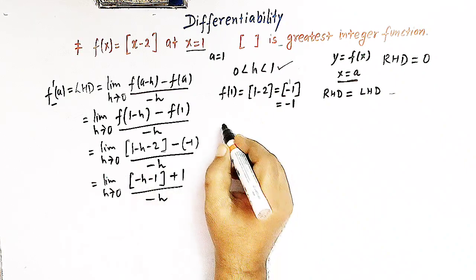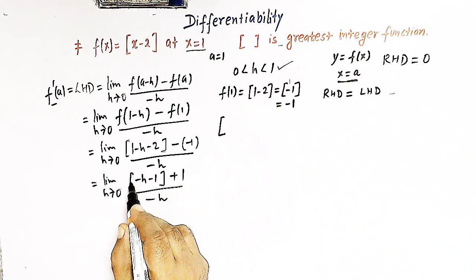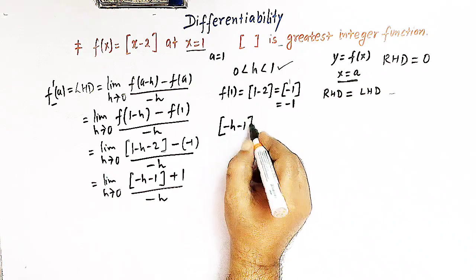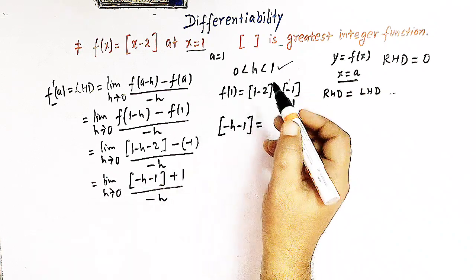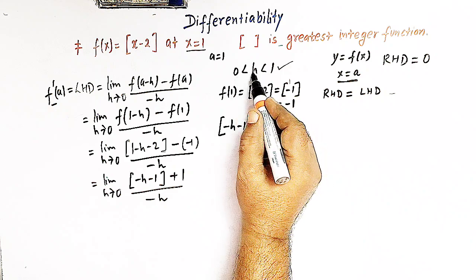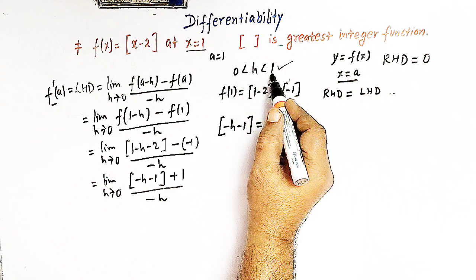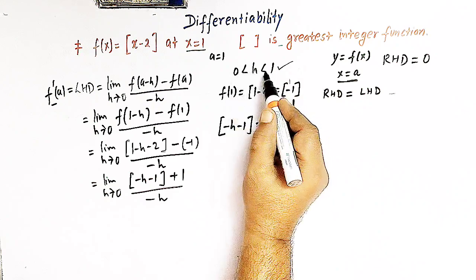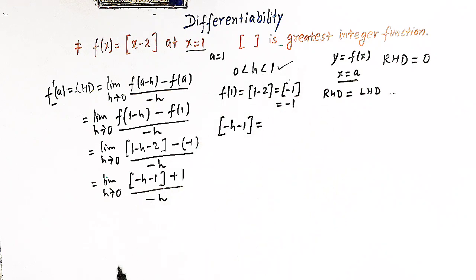So let us assign a value to this term, that is greatest integer of minus h minus 1. Again we'll utilize this inequality, that is h greater than 0 but less than 1. Let us multiply this inequality throughout by minus 1, right?